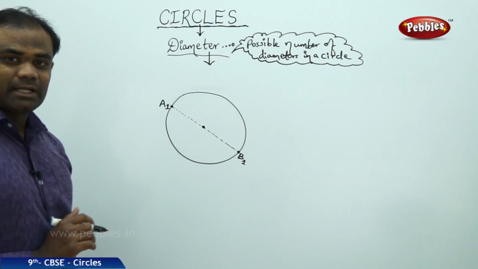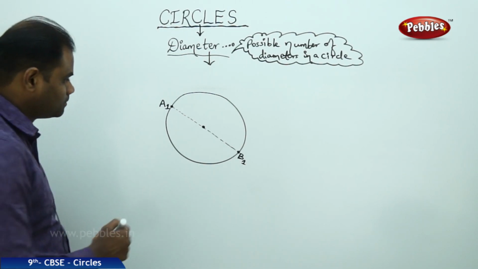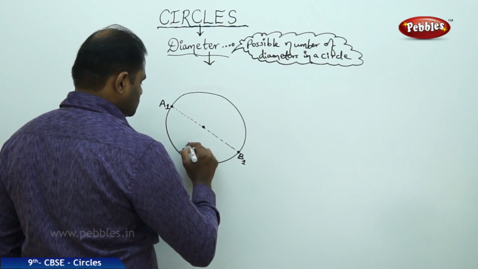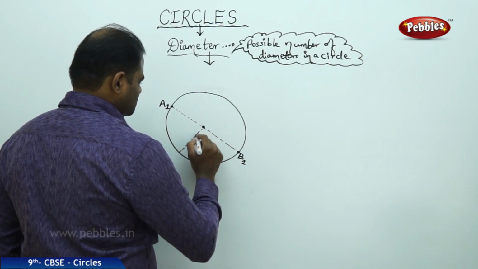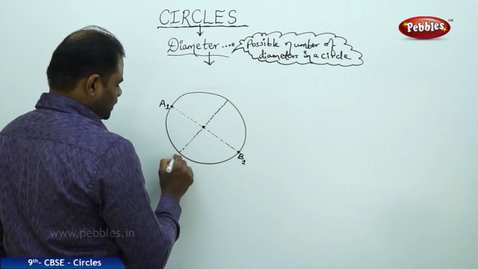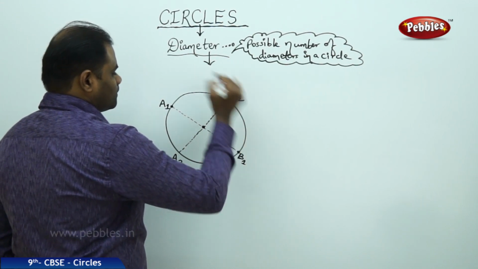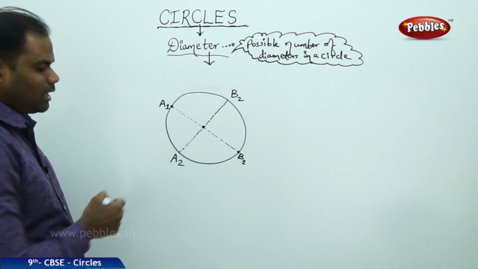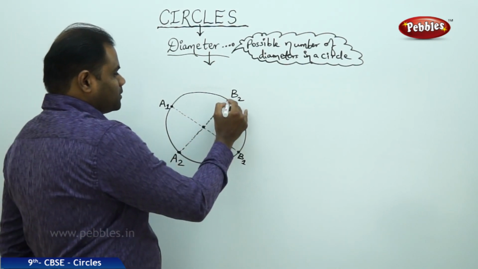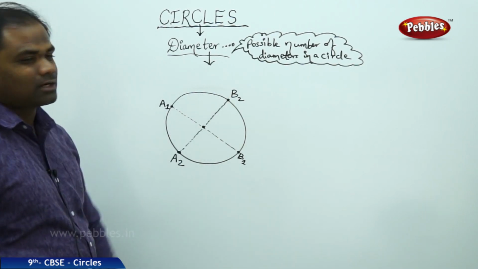Similarly, let me take another chord passing through the center in some other direction. So here I have A2 and B2. So here I have a point A2 which is taken on the circle and the point B2 taken on the circle in such a manner that all these three are collinear.